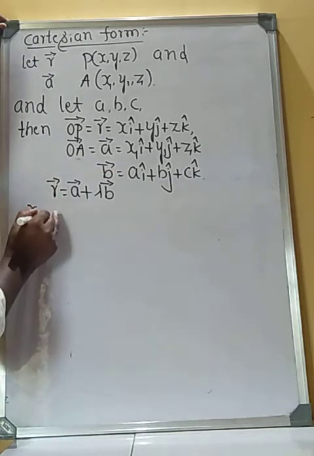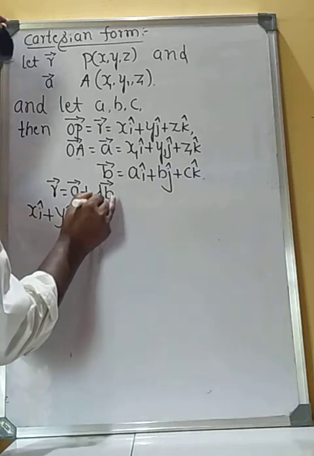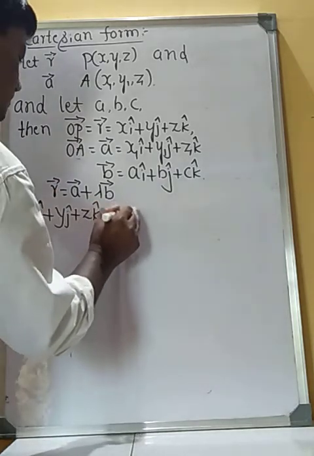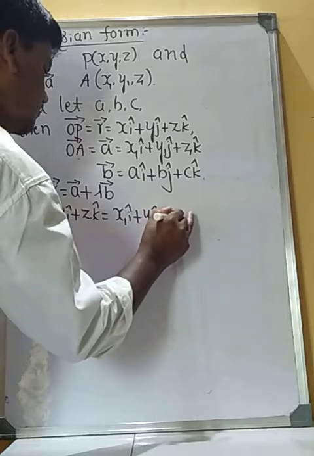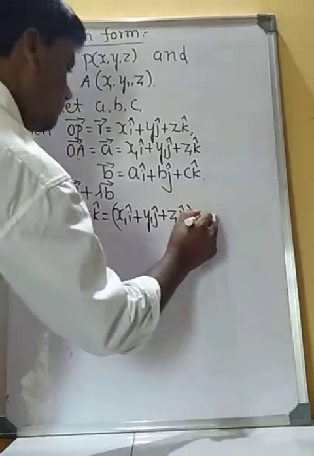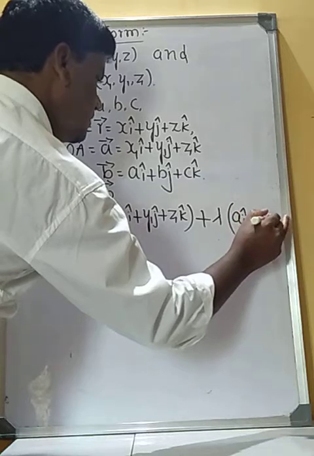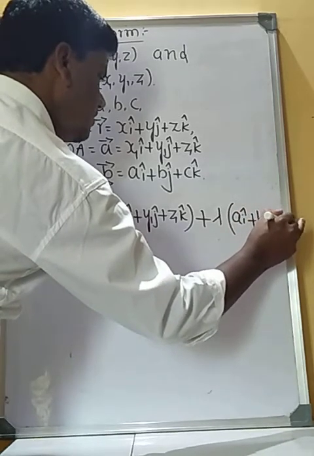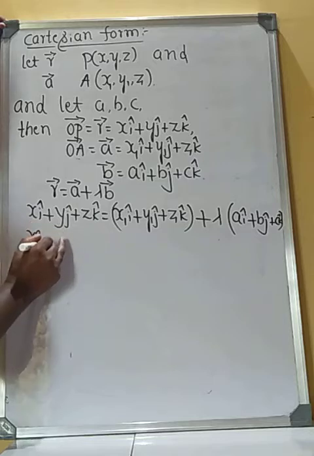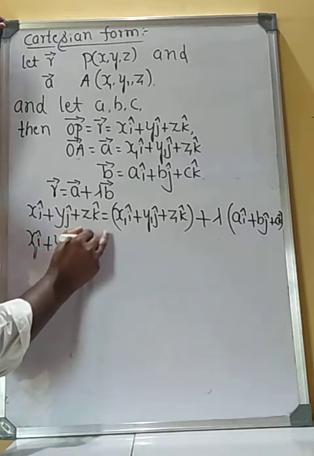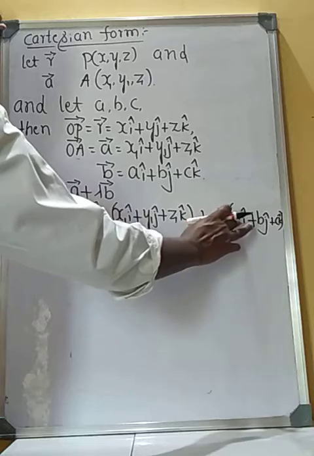Therefore xi plus yj plus zk is equal to x1 i plus y1 j plus z1 k plus lambda into (ai plus bj plus ck).